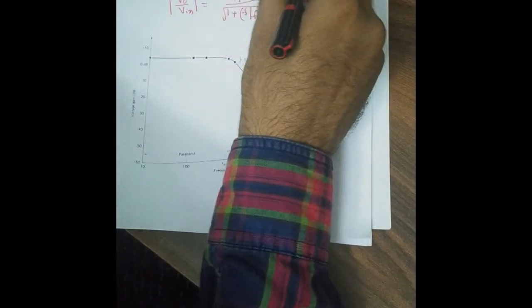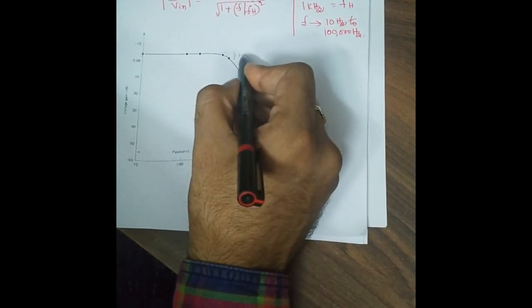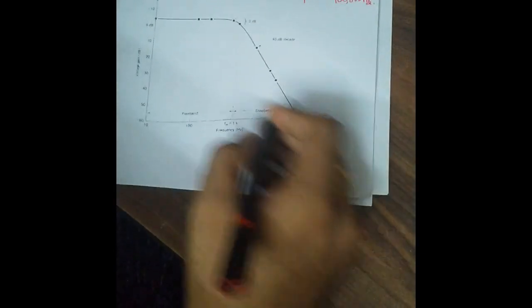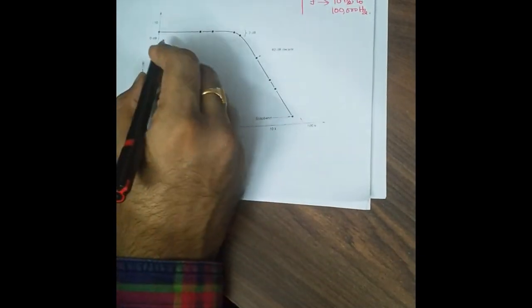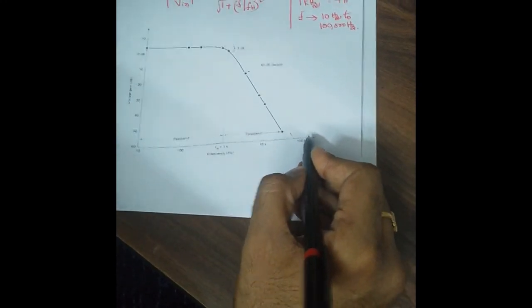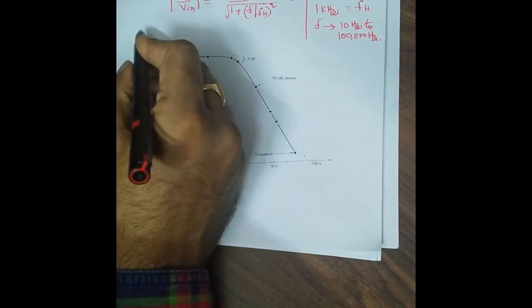So it decreased from 4.01 dB to 1 dB. That's why it is the minus 3 dB frequency. The corresponding graph is drawn between the frequency of the low pass filter and the voltage gain in dB.